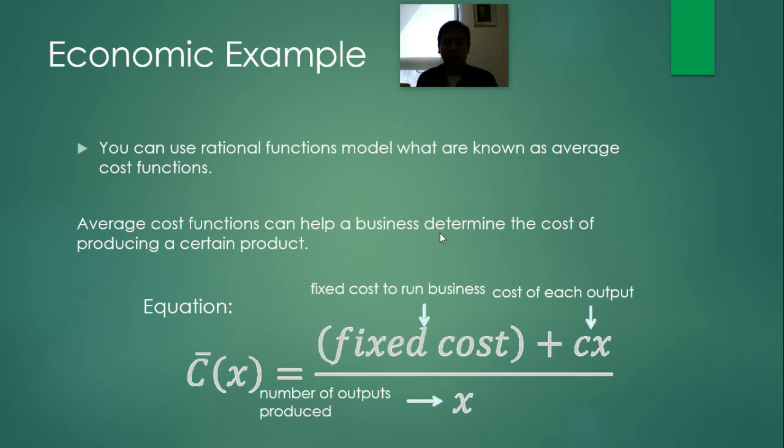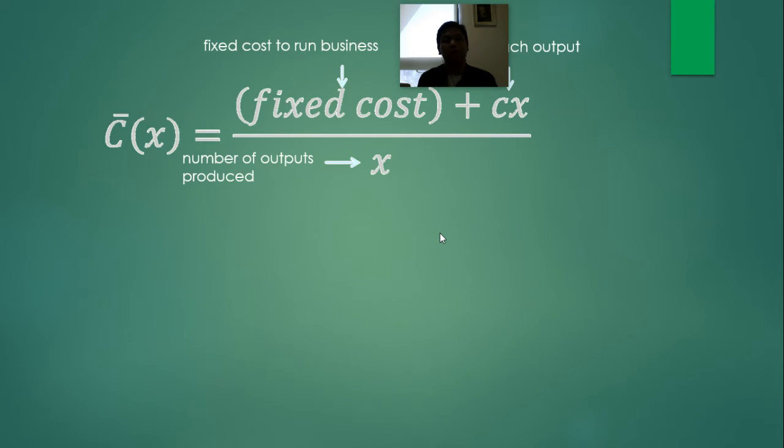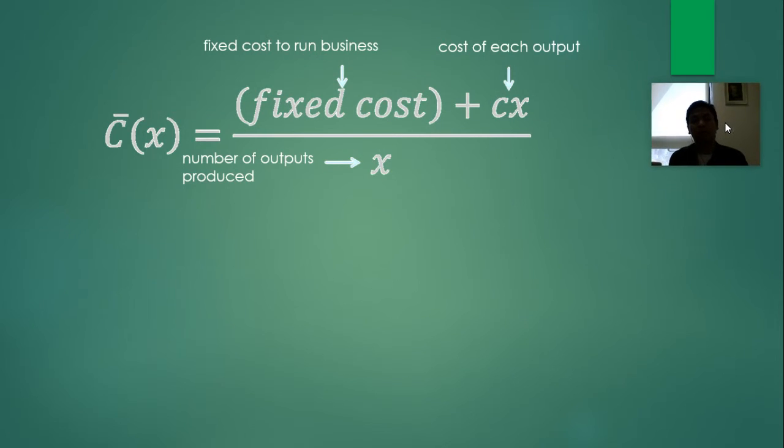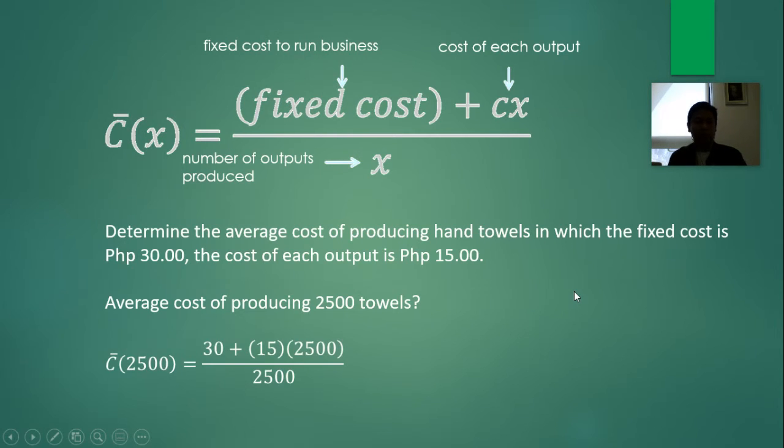This is a model for average cost, which is the quotient of fixed cost and the cost of each output divided by the outputs produced. So here's the situation, and here's the answer to the situation.